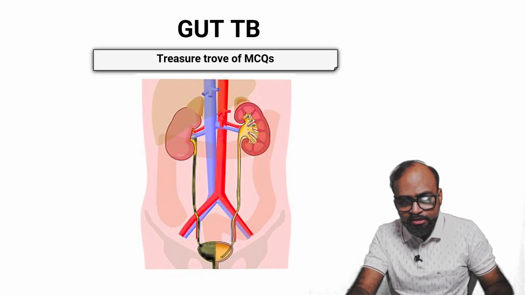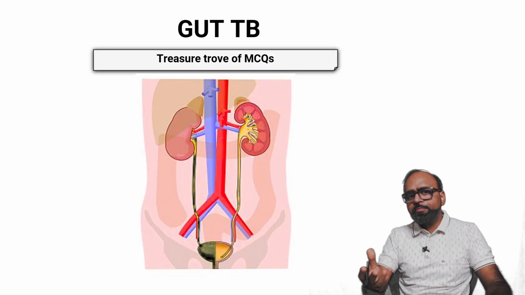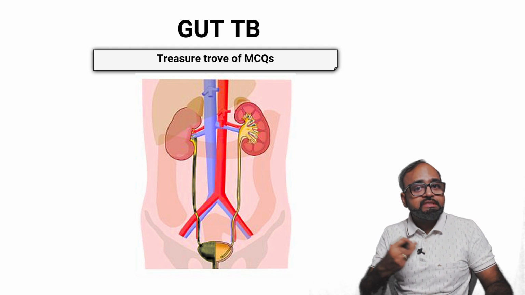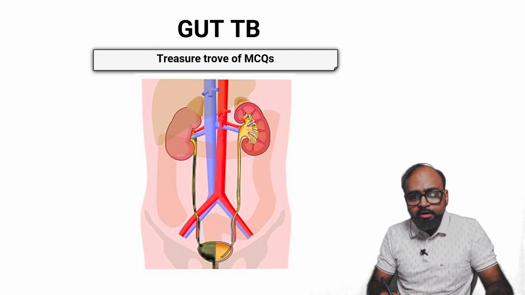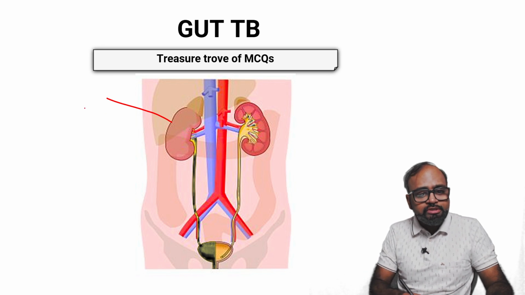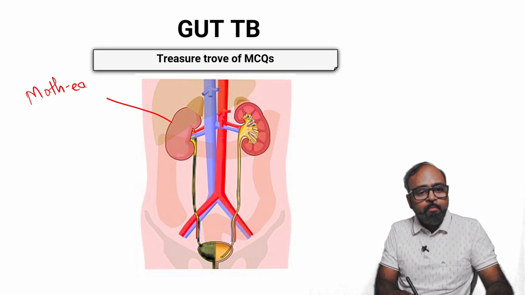We are going to see that as we go ahead. There are a lot of appearances that will be seen in cases of renal TB. You start with the kidney, the early stages. You will see the earliest finding that we have just discussed, called the moth-eaten calyx. That is an irregular wall of the calyx.